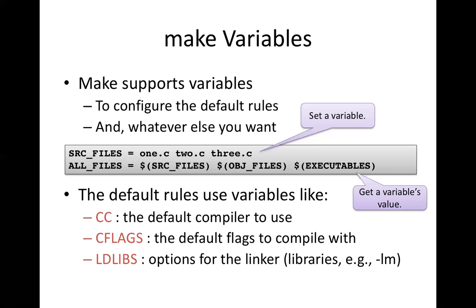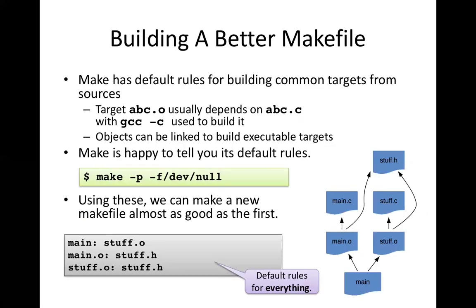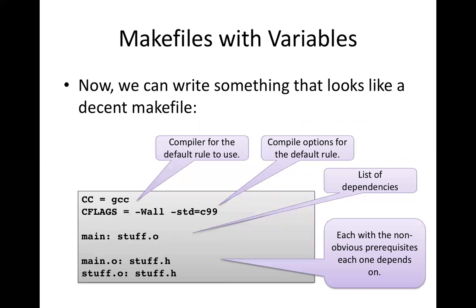So backing up a slide or two, this is a makefile that uses the default rules, but if we don't say anything else, it doesn't include any of the compiler options that we might want. This makefile uses the default rules, but using variables like we've been talking about lets us modify those default rules so that they include additional compiler options that we might want.